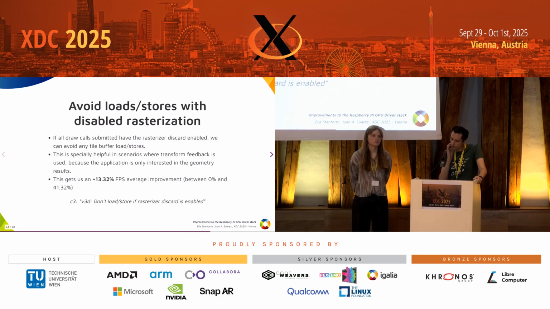Another improvement we did also affects the load and stores for the tile buffer, and this happens when we have rasterization disabled. In this case, as we are not going to run the rasterization, like in the case of the invalidated frame buffers, we can basically avoid doing the stores and the loads. And again, avoiding the load and stores in the tile buffer has quite a big impact.